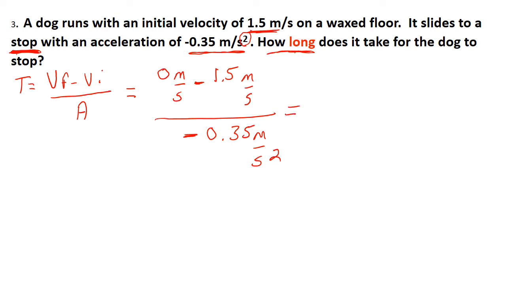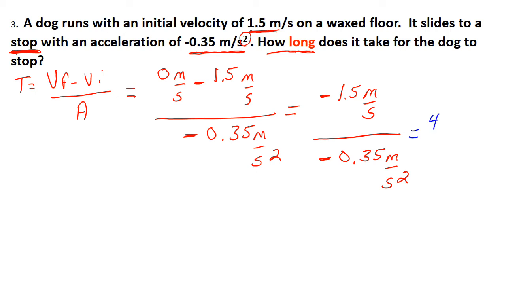Now that I do my math, 0 minus 1.5 is a negative 1.5 meters per second, divided by a negative 0.35 meters per second squared. Numerically, a negative divided by a negative is going to come out to be a positive. When I run it through my calculator, I get 4.29, but now I need to figure out my units.